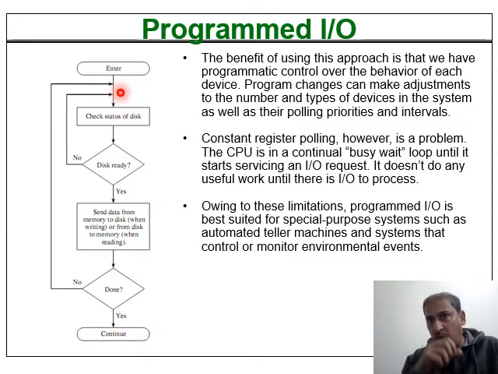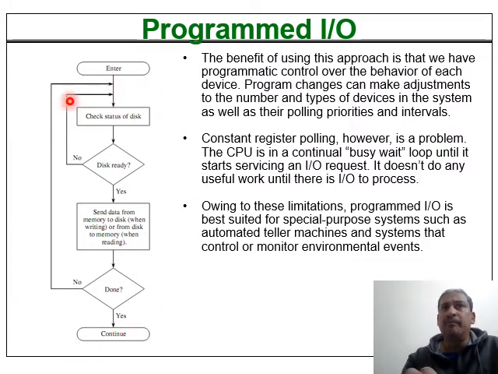Now, as I started off, there are two loops over here. One is the inner loop, one is the outer loop. The inner loop checks for the readiness of the device. The outer loop is executed as many times as there are data items. So the CPU is stuck in these two loops until the entire set of data is read.